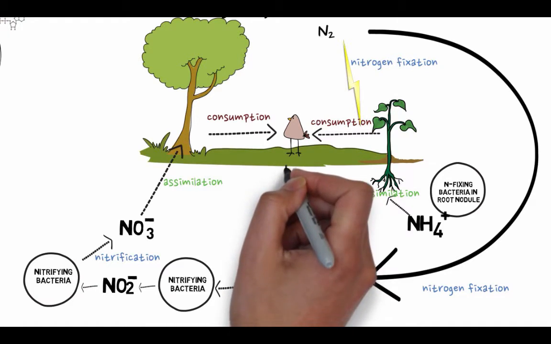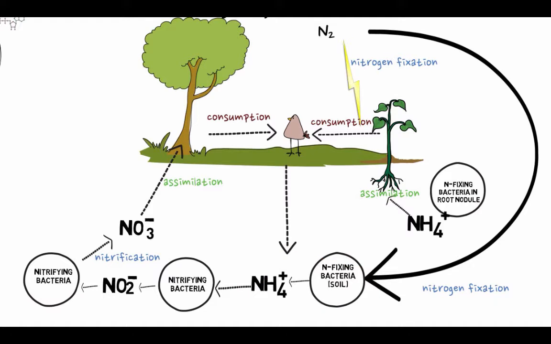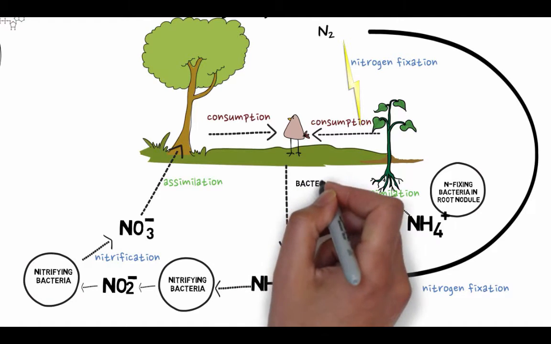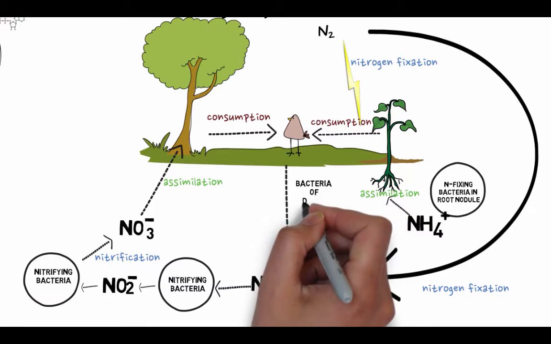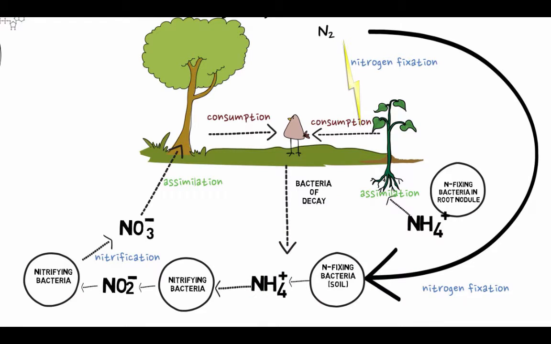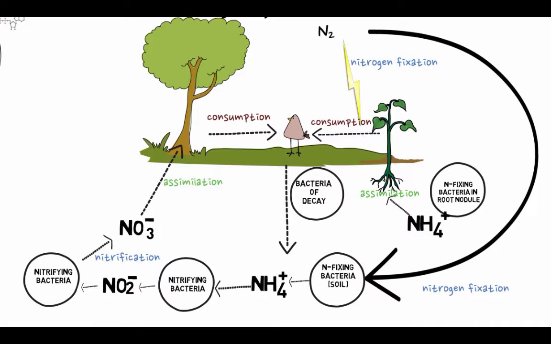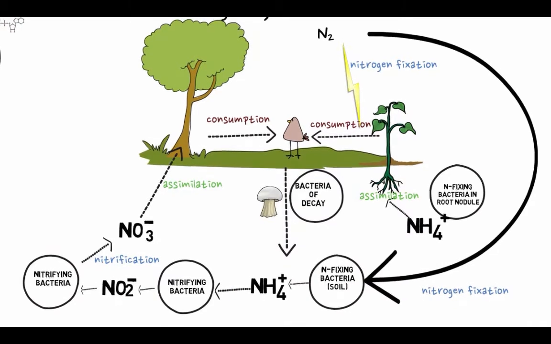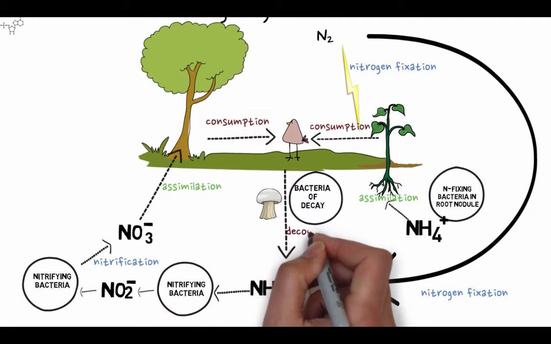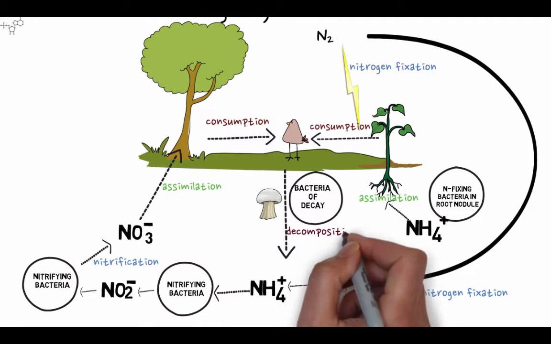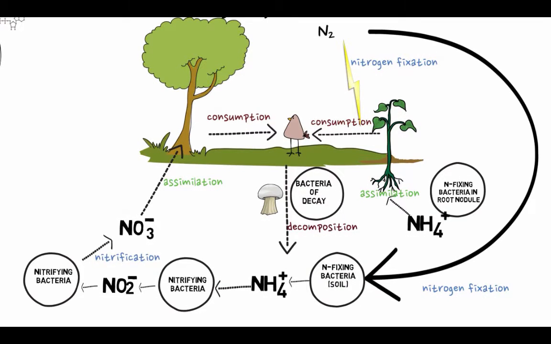Animal waste contains nitrogen, and when plants or animals die, decomposers like fungi or bacteria will break down their bodies, and nitrogen is returned to the soil in a form usable by plants.